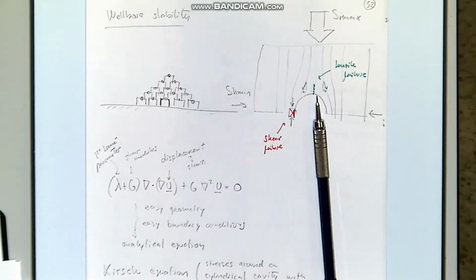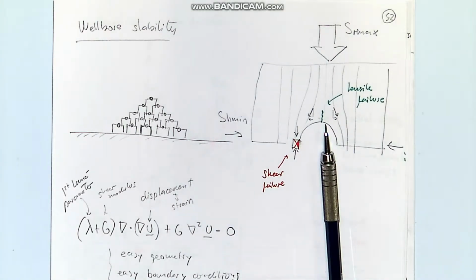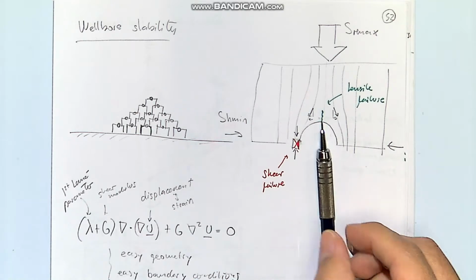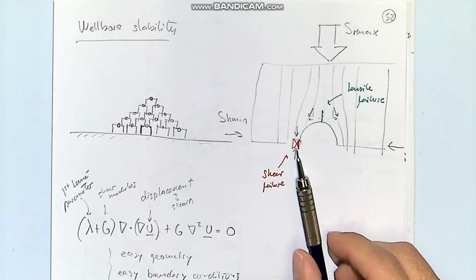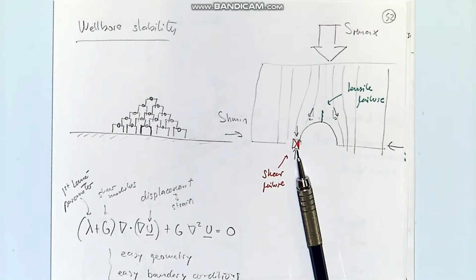And usually that upper bound is related to tensile fractures, and what is more dramatic, it would be to have a very large tensile fracture that could lead to a hydraulic fracture, that could lead to lost circulation and loss of drilling mud as you are drilling. And usually, not always the case, that's a higher pressure than this one, and the value between those is what we call the mud window.